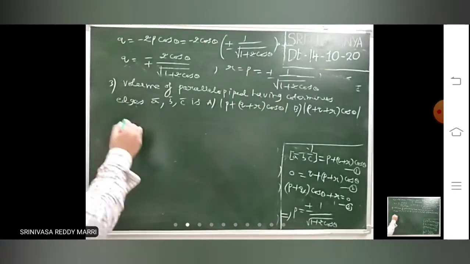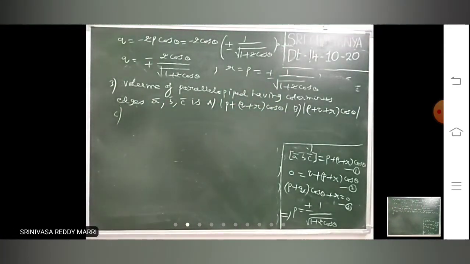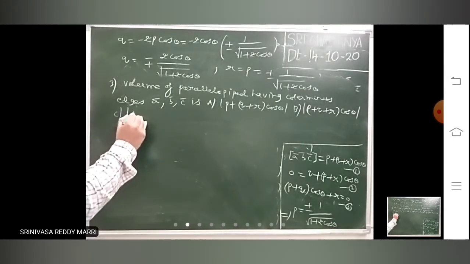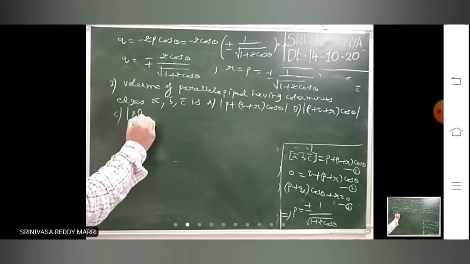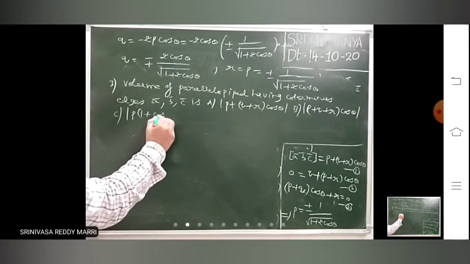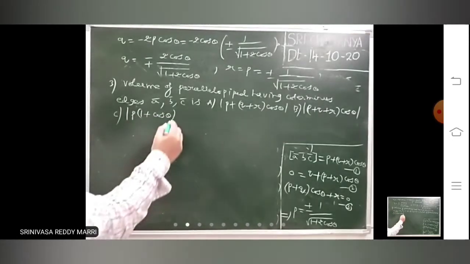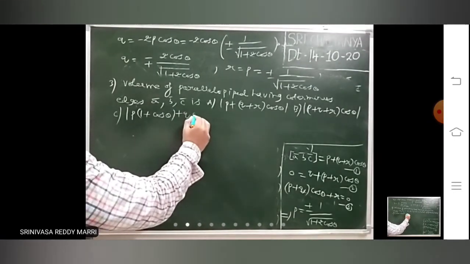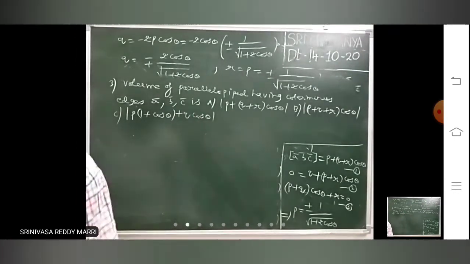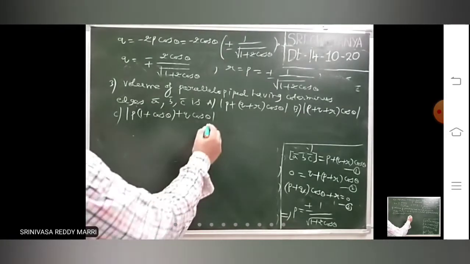C, cos theta. C, modulus of P into 1 plus cos theta plus Q cos theta. D.